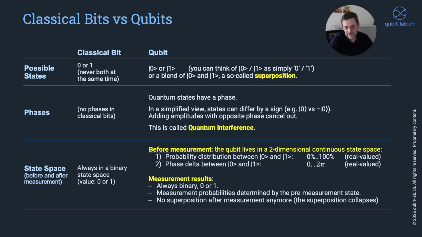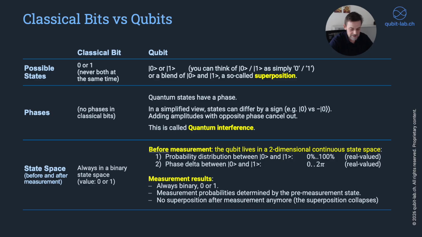Then let's look at the state space. A classical bit always is in the state space of 0 or 1. In the qubit, you have to differentiate. There is a state space before measurement, and there the qubit lives in a two-dimensional continuous state space. We already discussed a probability distribution between 0 and 1.